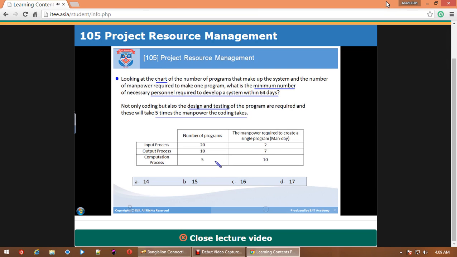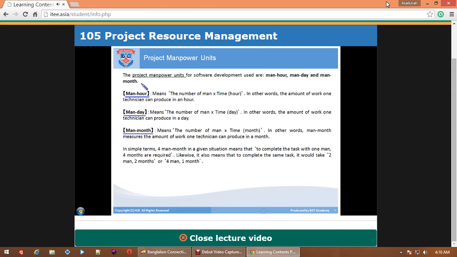Before answering this question, let's first try to understand the various units of manpower normally used in a software development project. The project manpower units used are man hour, man day, and man month.